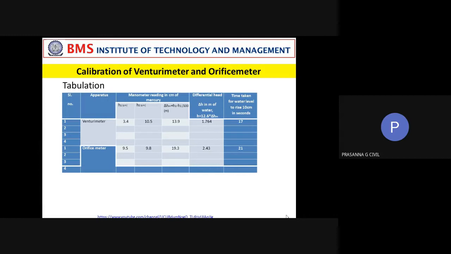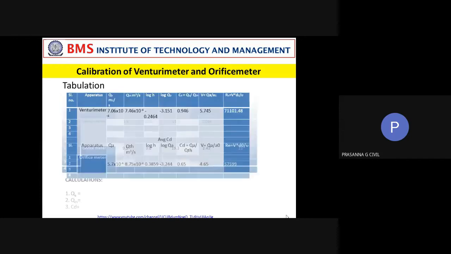So the calculations for these readings can be used to compute the Q actual, Q theoretical, and to draw the graph to determine the slope of the line, you can calculate the log H and log Q.